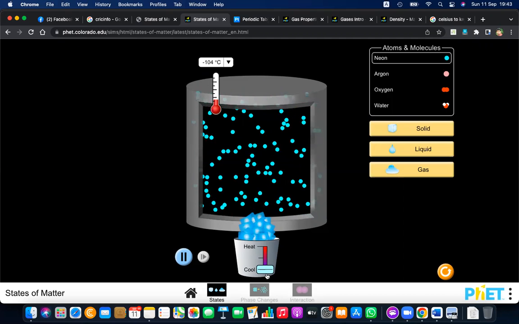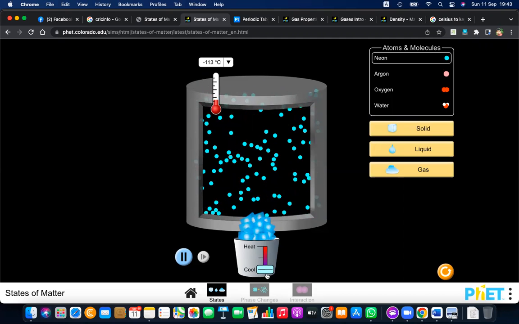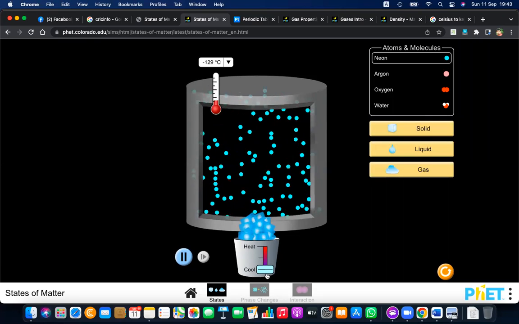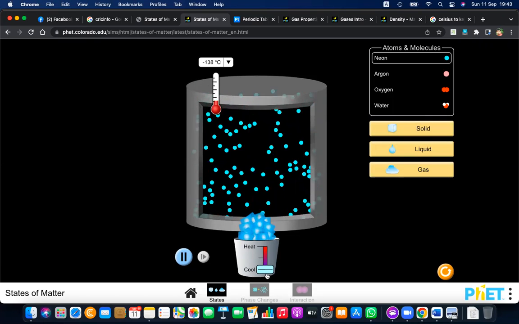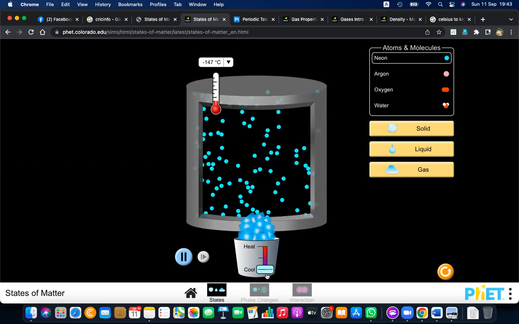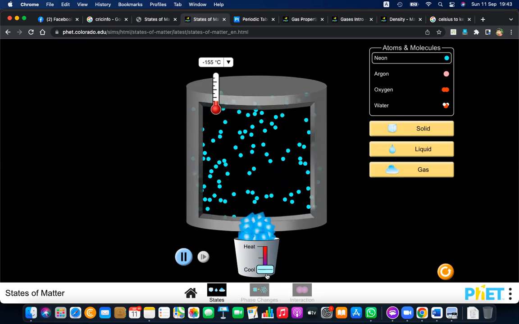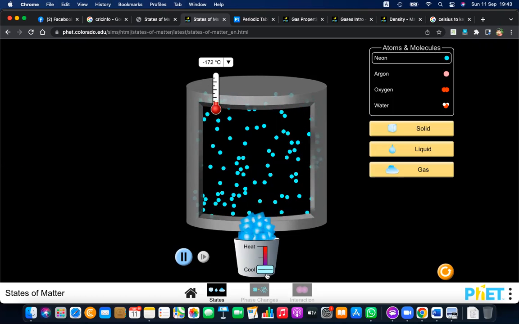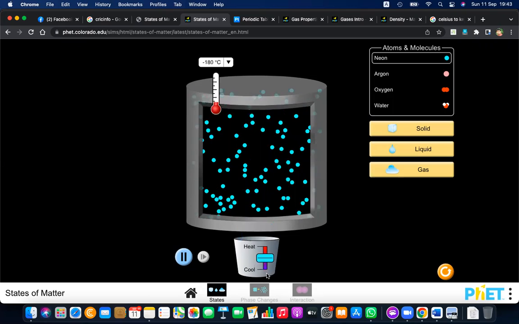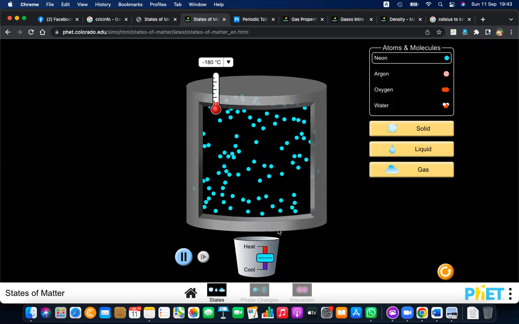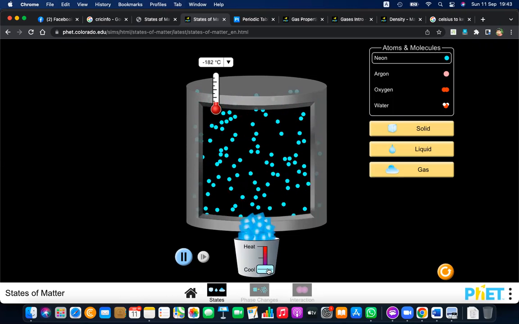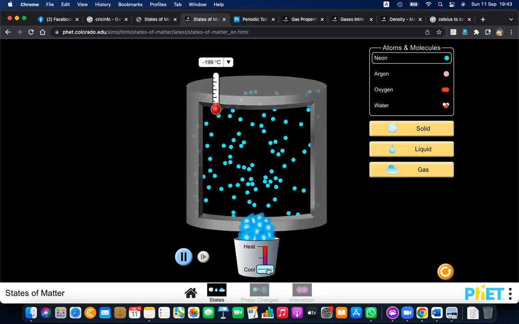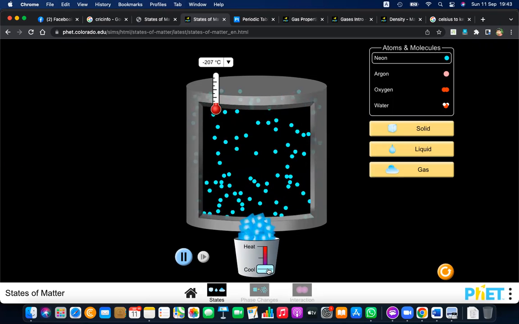If you need, I'll send you this link. We can try with different materials, like neon, argon, oxygen, water, H2O. We can try all. You can see now motion is limited, but still gas. Why? Because it is taking the entire container. So it is gas, even at minus 200 degrees Celsius.